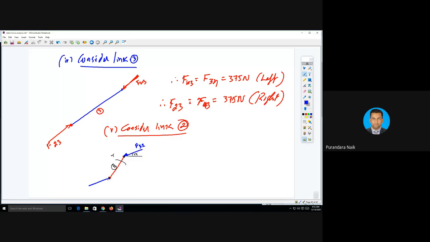This is F12. Extend one force and find the perpendicular distance h.